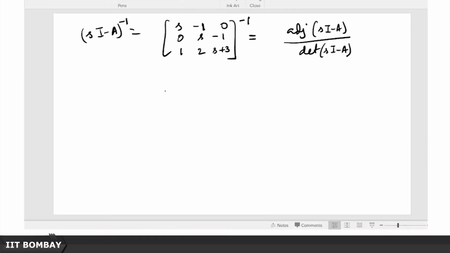So it is not going to be very straightforward as expected. So what is the determinant of this? Let me just do that computation. I am going to do the Laplace expansion of this determinant.